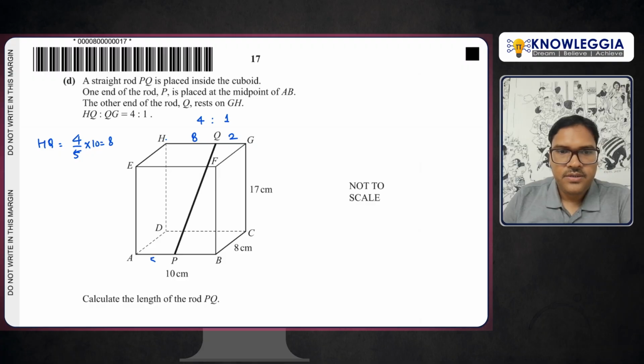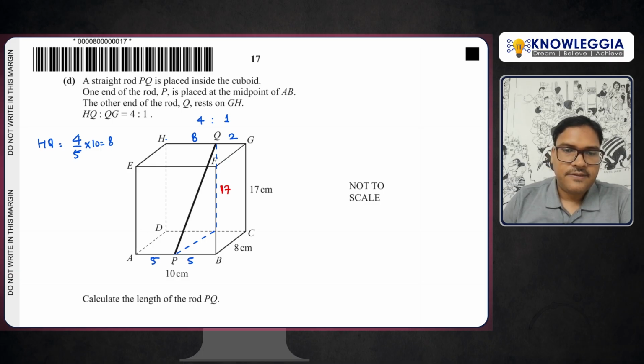This is 5 centimeter and this is also 5 centimeter because this is the midpoint, and the ratio is given. Now, if you have to calculate PQ, first thing you can do is, let's say I draw a perpendicular from here. If I join like this, this length is 17 centimeters.